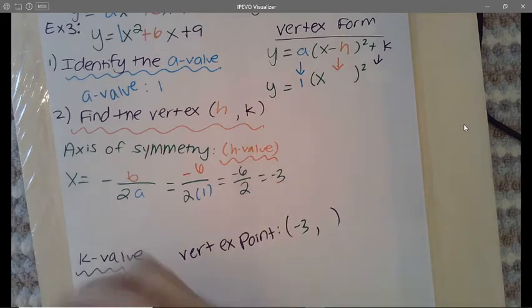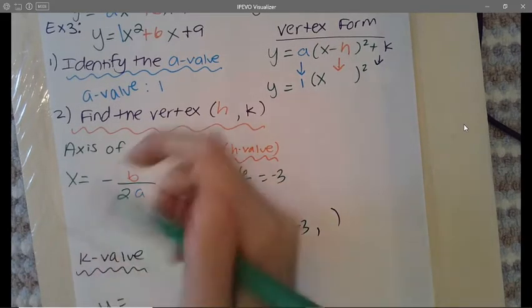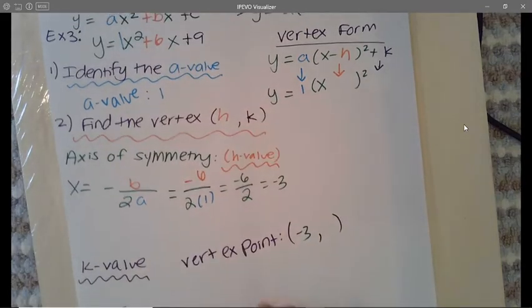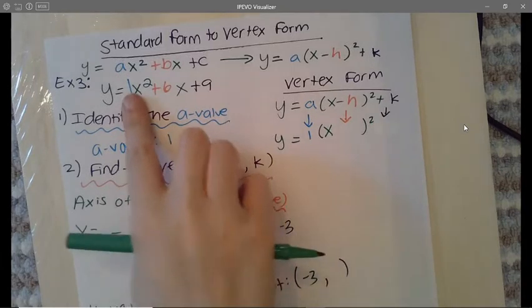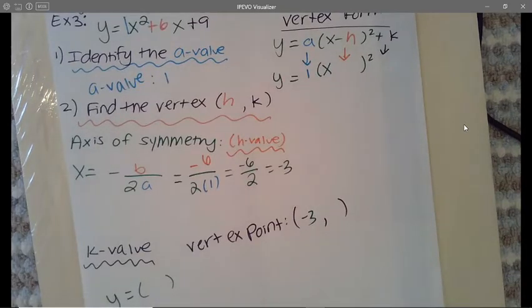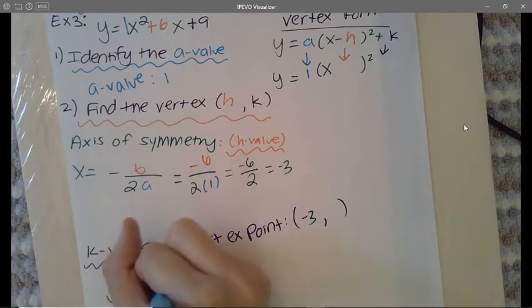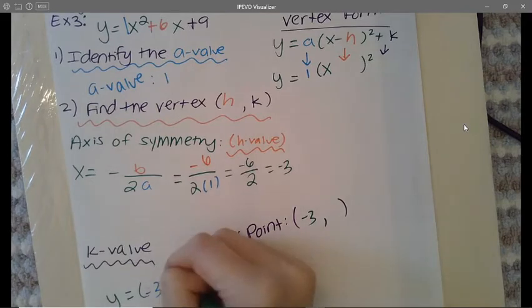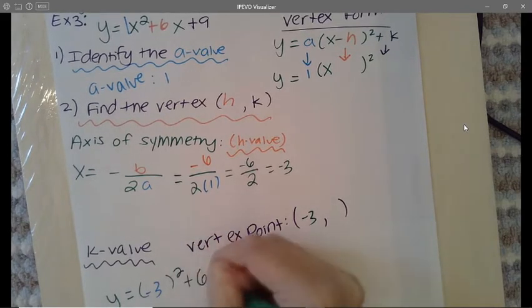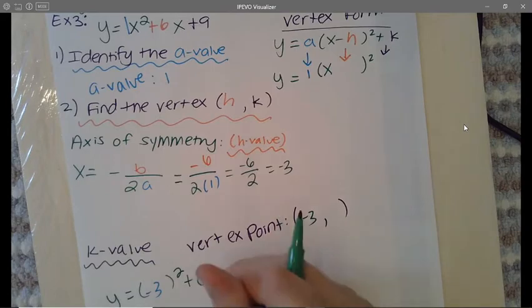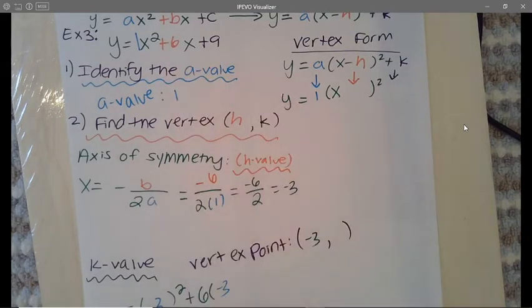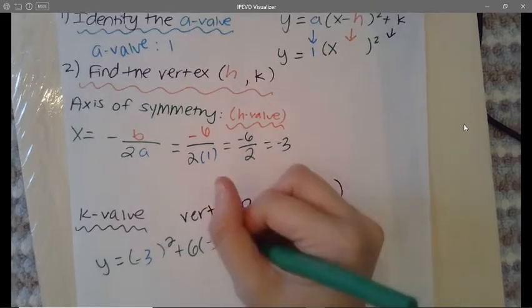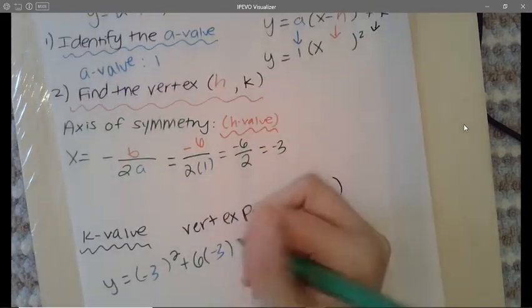So all my x's will be transforming into a -3. I have y equals, technically a is 1, so you don't have to list it. My x squared will turn into -3 squared, and then plus 6 times -3. The 6 times x, so x has transformed into a -3, and then plus 9.